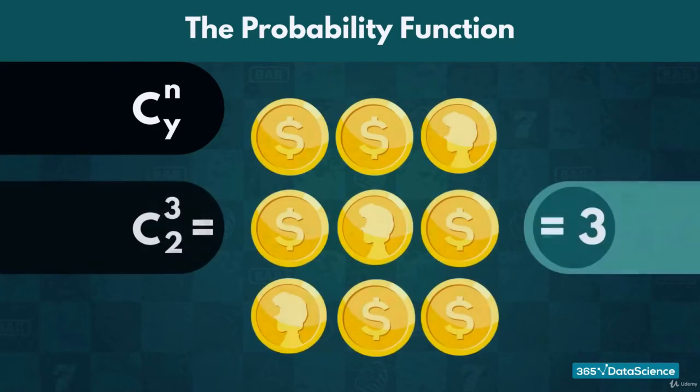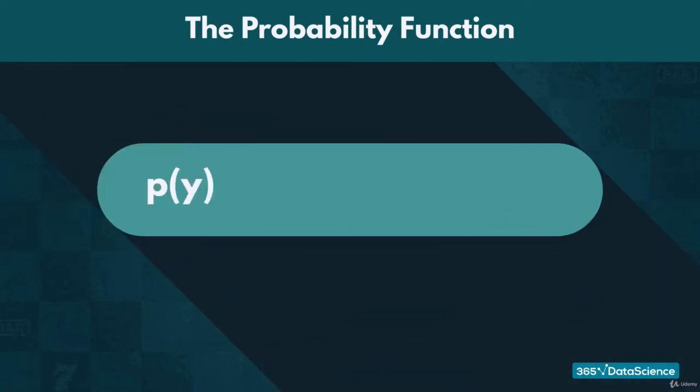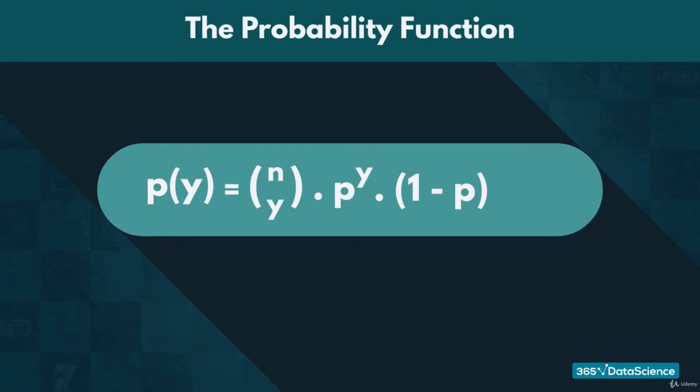For instance, there are 3 different ways to get tails exactly twice in 3 coin flips. Therefore, the probability function for a binomial distribution is the product of the number of combinations of picking y many elements out of n times p to the power of y times 1 minus p to the power of n minus y.